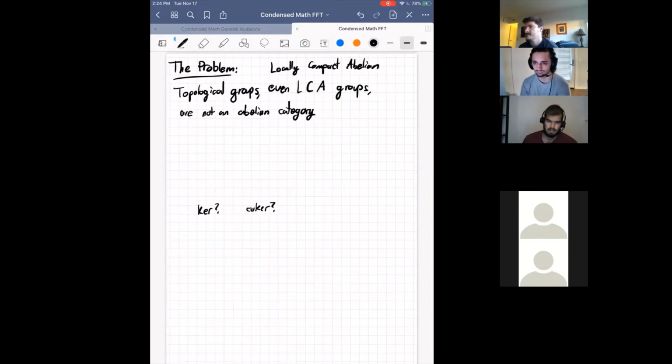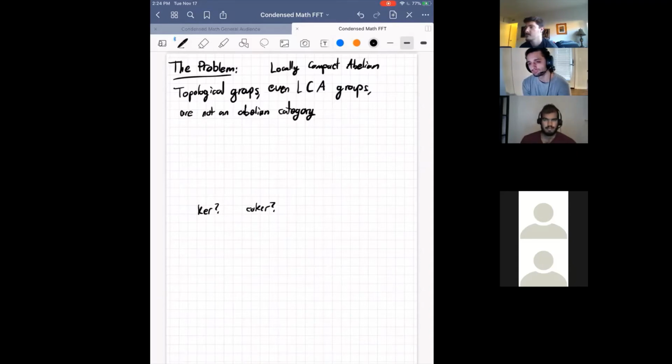There are more general contexts like Banach spaces in which we can do the things we're going to do today, but right now I just want to stick with locally compact abelian groups. They are the foundation for Fourier theory.